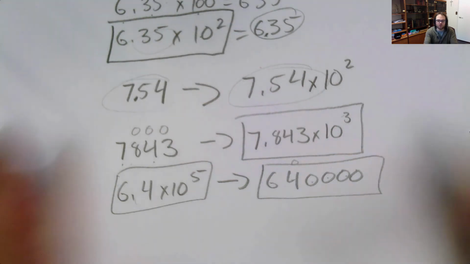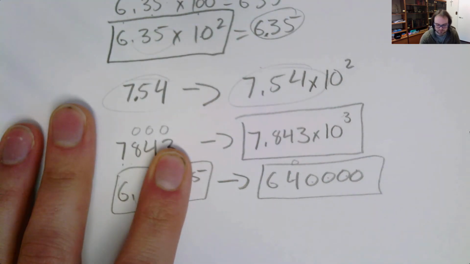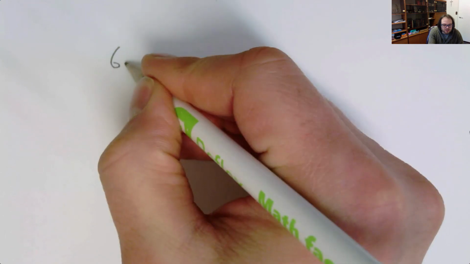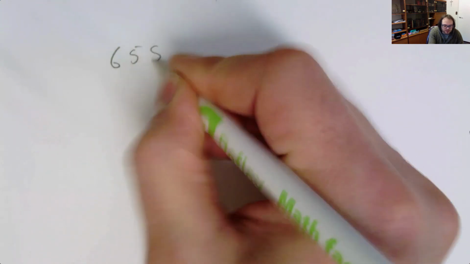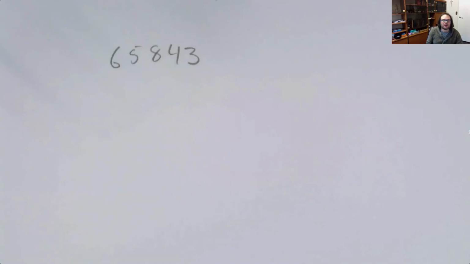Okay, we're going to do one more example here. Let's try one like this. If I have 65843, and I'm going to put another 0 here, and I want to put that into scientific notation.